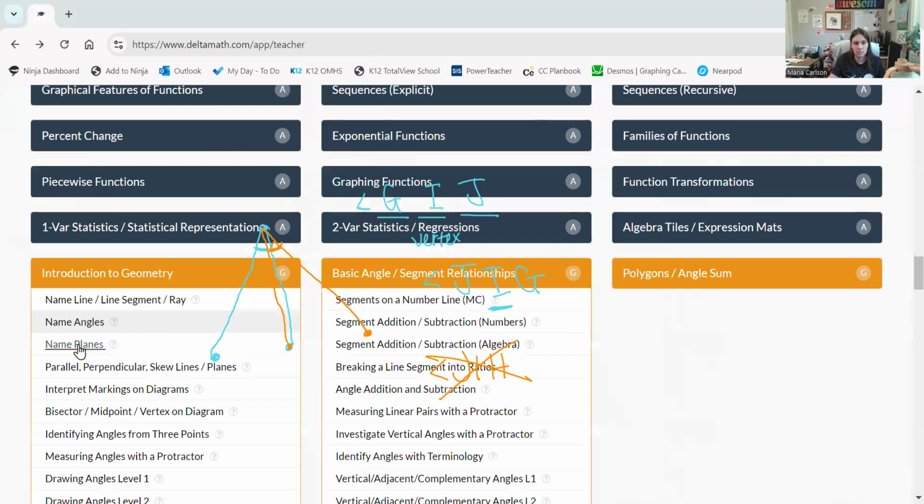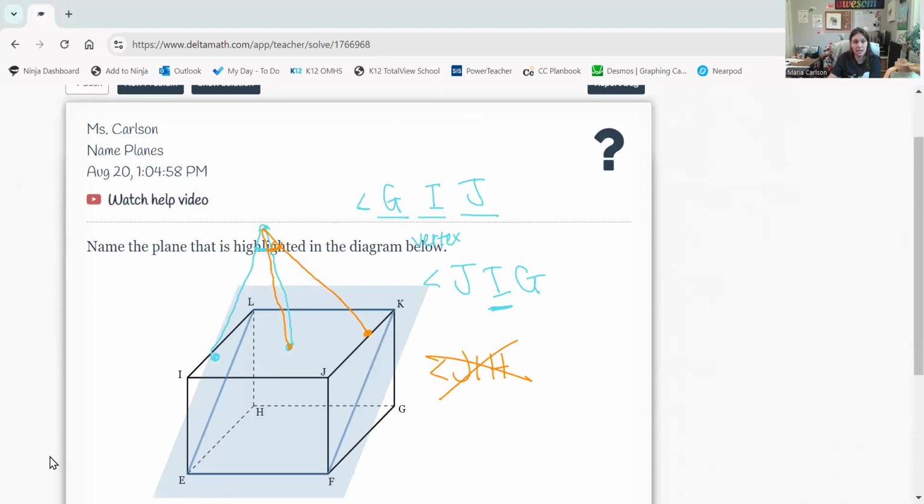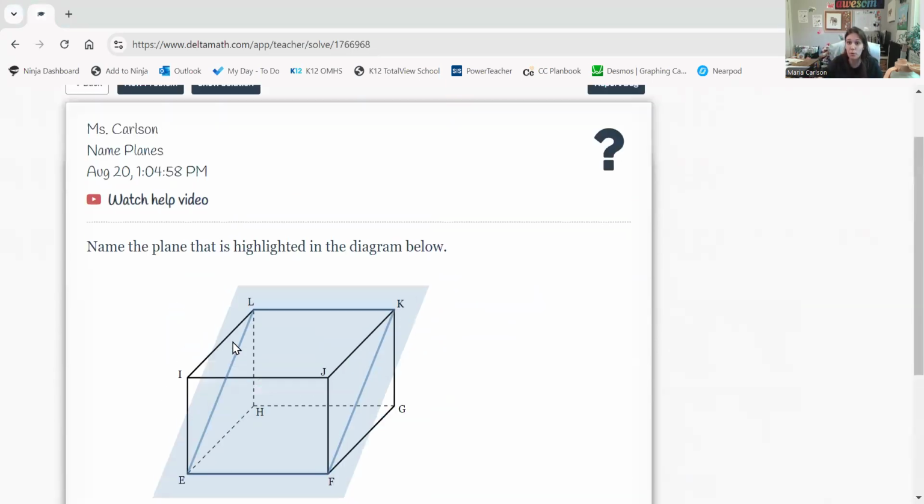The next thing you might have to name is a plane. And I just want to say that for planes, we want to pick 3 points that are on the plane. And for these problems, you can tell what points are on the plane. They have this dark blue outline that goes along the edge of the plane within the actual 3-dimensional shape.